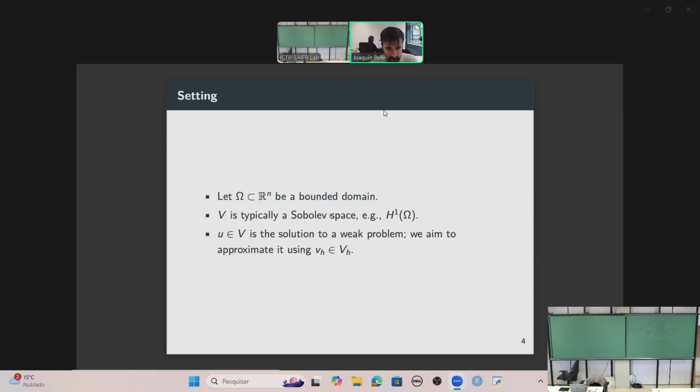And then u in this Sobolev space will be typically the solution to some differential equation, particularly a weak formulation of a differential equation, which we aim to approximate using functions in our finite element space.